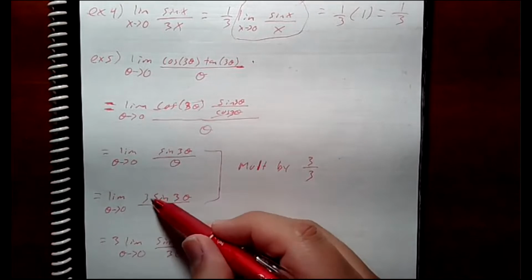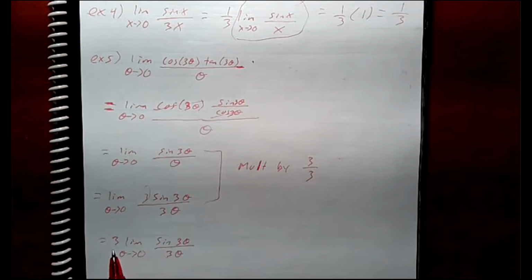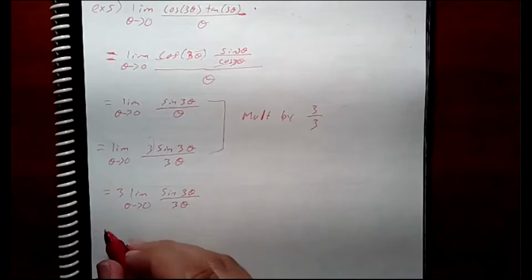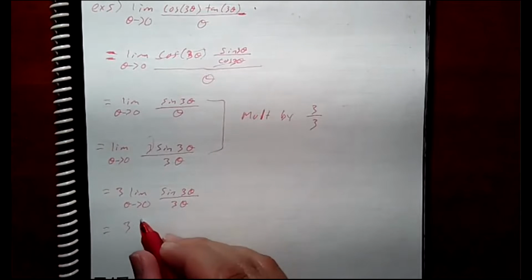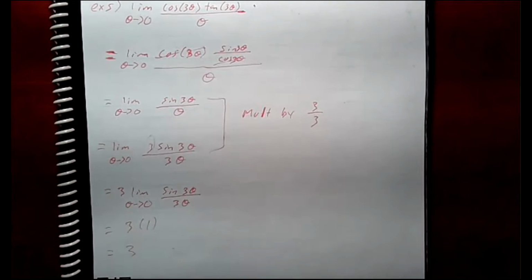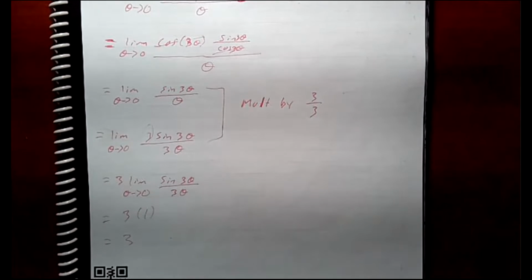This one serves no purpose right now, so I pulled it out. And now I have what the definition wanted. So this will become 3 times 1, which is 3. Any questions on any of those steps?